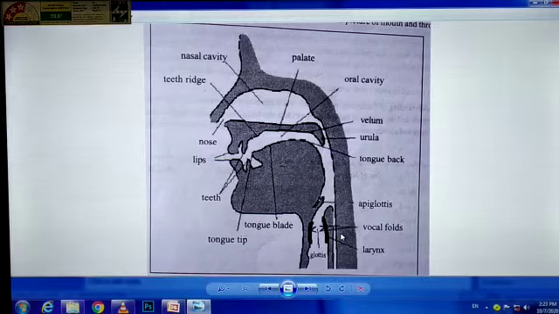Active articulators are like lower lip or tip or blade of tongue, and front, center and back of the tongue. That means whenever we speak any simple words, these are more active. Our lips, our tongue and so on, most of the times will be in motion, it will be moving.